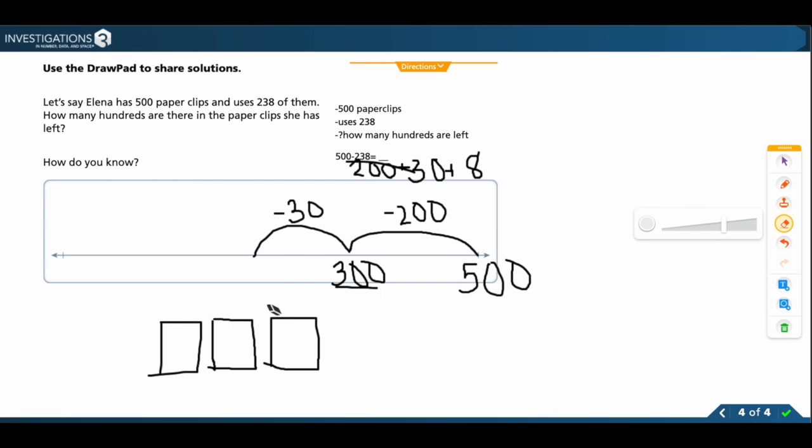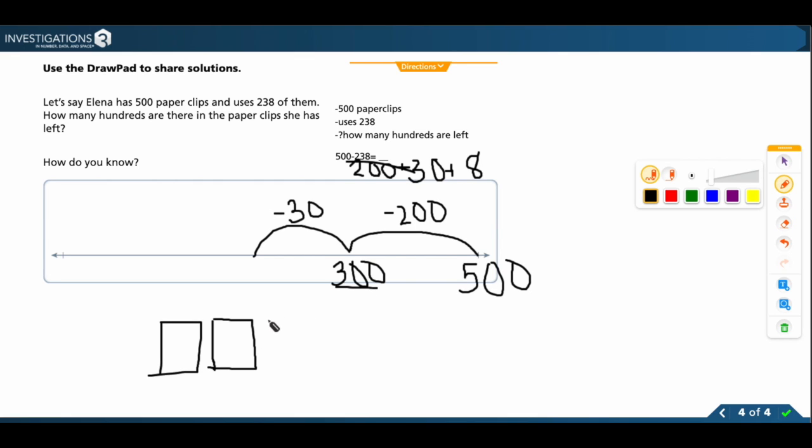So I'm going to regroup and make one of my hundreds into tens. So 1, 2, 3, 4, 5, 6, 7, 8, 9, 10. And then I could take away 30.